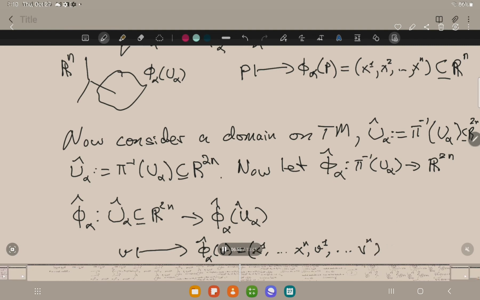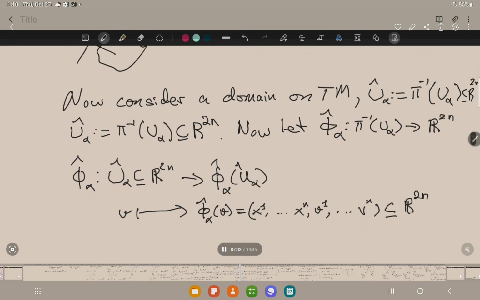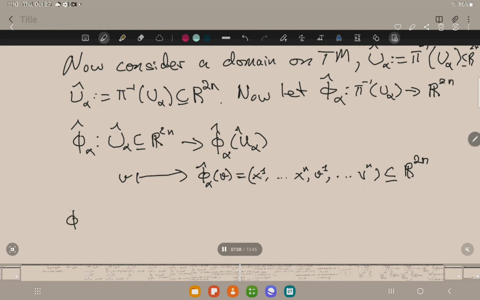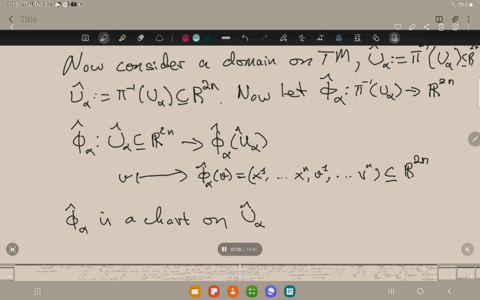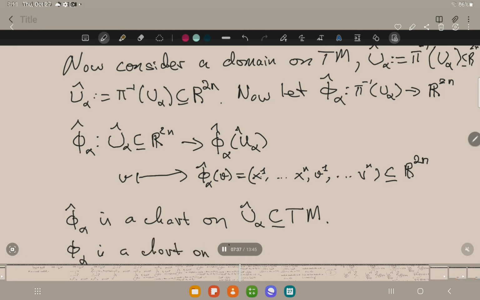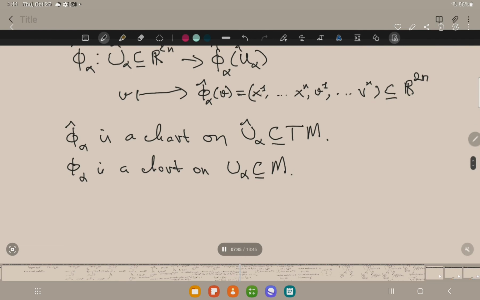The first part is the position of the point P, x1 all the way up to xn, and then v1 all the way up to vn are the components of the tangent vector at point P. Phi alpha hat here is the chart induced by the chart down at the manifold level, phi alpha. So phi alpha on the manifold M induces a chart phi alpha hat on the tangent bundle TM.